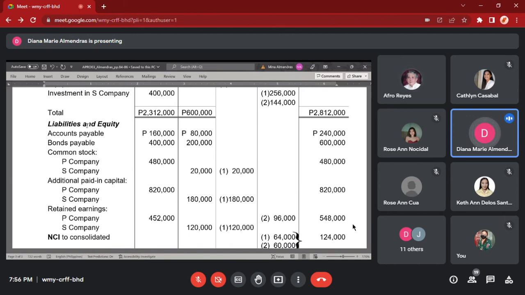Common stock of S Company 20,000, elimination decrease of 20,000. Additional paid in capital of P Company 820,000. Consolidated is 820,000. Additional paid in capital of S Company 180,000. Elimination decrease of 180,000.